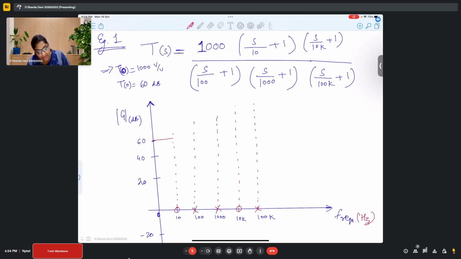So if it encounters a 0, it will experience a 20 dB per decade slope, right? Which is a positive slope. So the plot will go upwards, and at 100, you will have a gain of 80 dB. Is this clear? Any doubts in this?